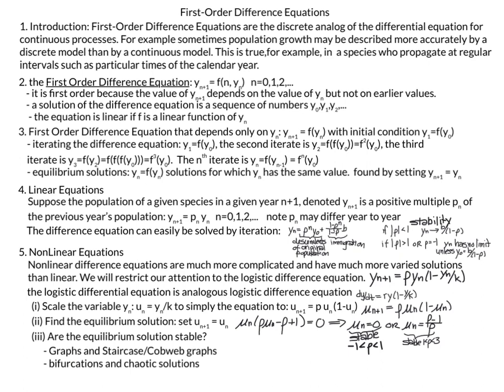And then we went on to bifurcations and chaotic solutions, and we defined what it was to be chaotic, which, not necessarily a formal definition, but we said that one of the characteristics of a chaotic solution is that there's extreme sensitivity to initial conditions.